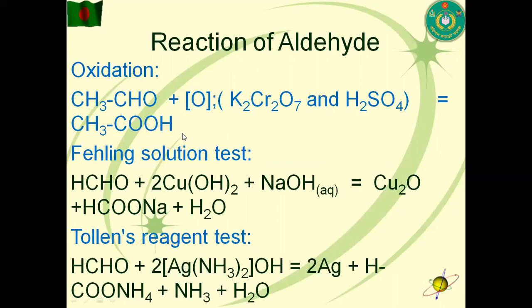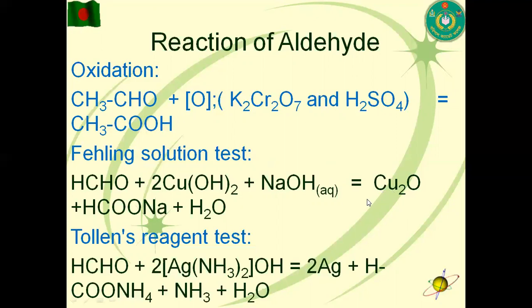Then, this carbonyl compound or aldehyde reacts with Fehling's solution and Tollens reagent to give a specific test. Here, the aldehyde reacts with copper hydroxide in the presence of aqueous sodium hydroxide to form cuprous oxide.